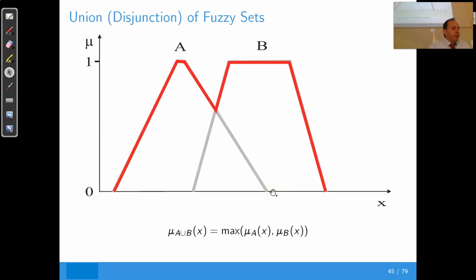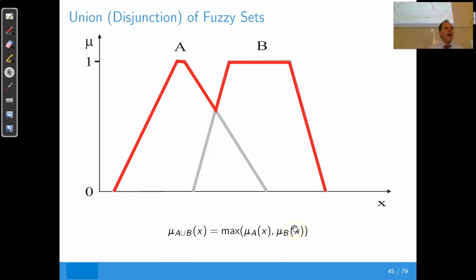We have another important operation, which, as you easily recognize, belongs to the traditional operations among sets. The union, also called disjunction, is clear: if the intersection was the minimum, the union is the maximum.